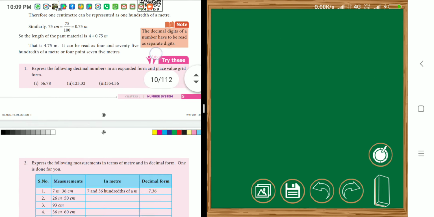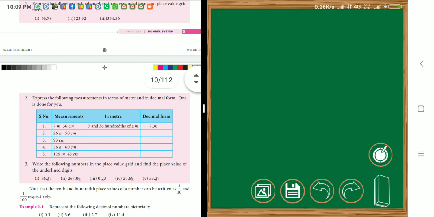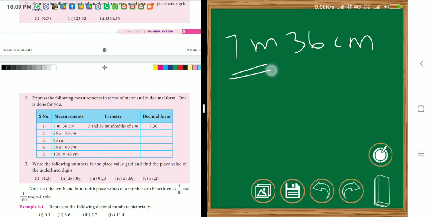Next one: express the following measurements in terms of meters and in decimal form. One is done for you. 7 meter 36 centimeter can be written in meters. Write the meters: 7 meter 36 centimeter. So this is your whole part number, and this is your decimal part number.